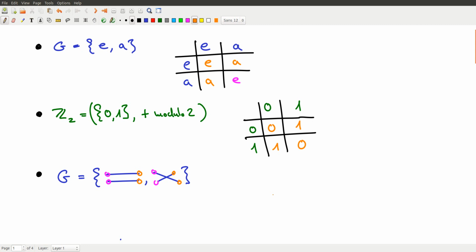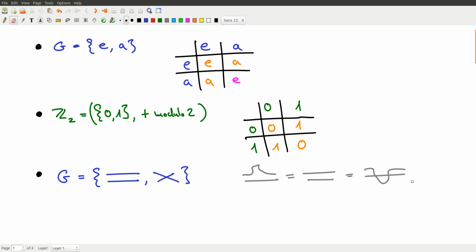And I only care about which orange point is connected to which pink point, not how they are entangled and crossing each other and so on. So let's say this would be the same as this diagram, and even this diagram would be considered the same as the diagram in the middle.